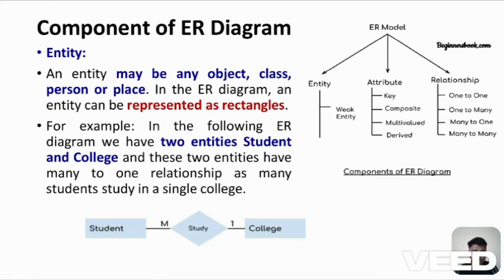Many students study in one college, and many-to-one is the type of relation between student and college. Many students study in the same college, one college. Then this is the flow of how the ER model is represented. The main thing is the entity. In that we have strong and weak entities.